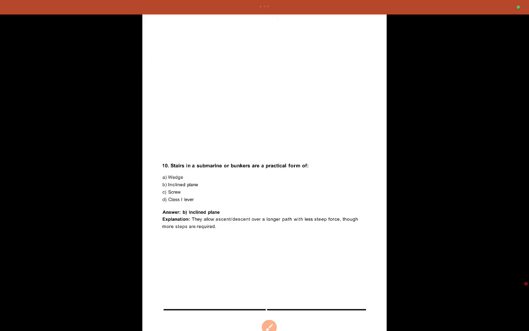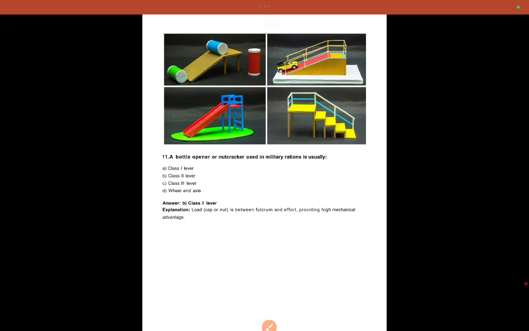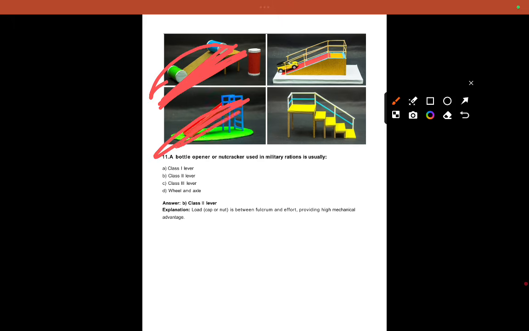They allow ascent and descent over a longer path with less force, though more steps are required. So here the 10th one is the inclined plane. You can see the figure. Less effort, no need to carry from here, simply rolling. That's better. Here also we played this in childhood days.